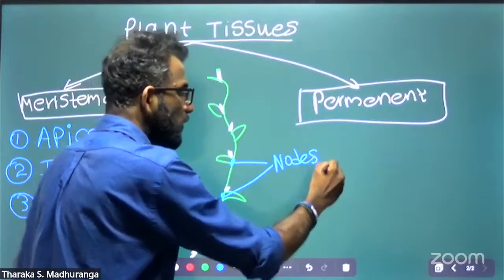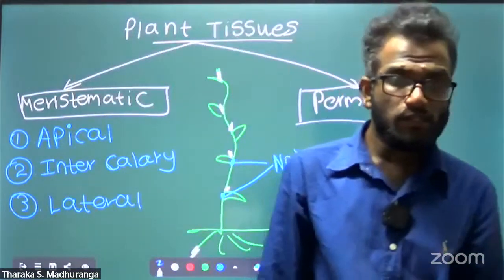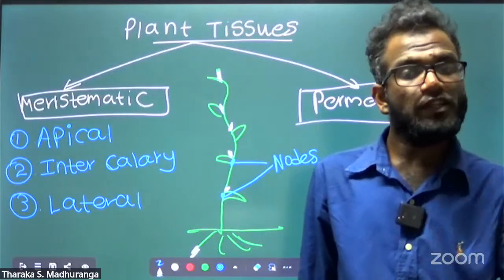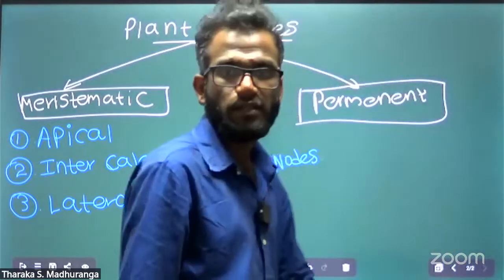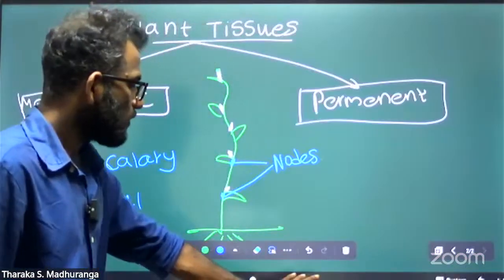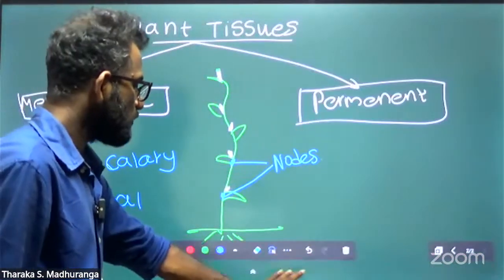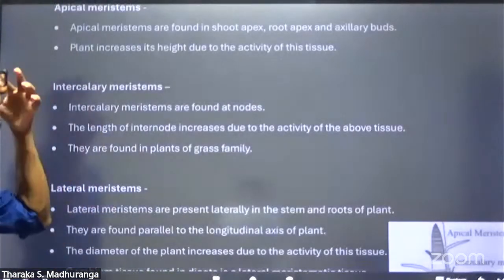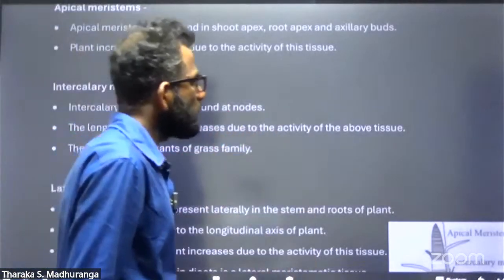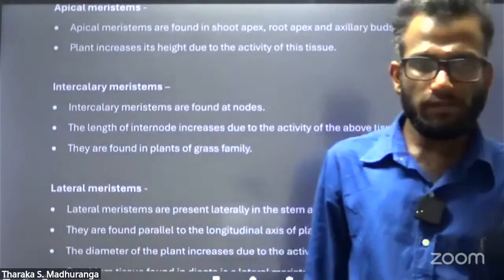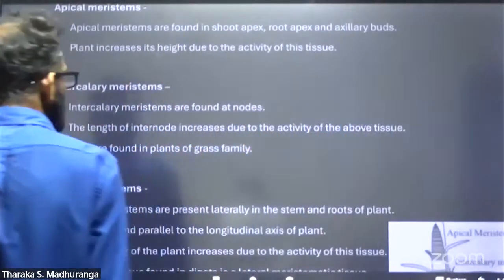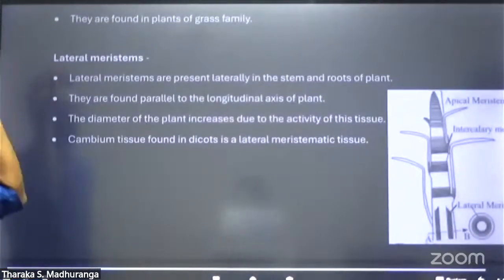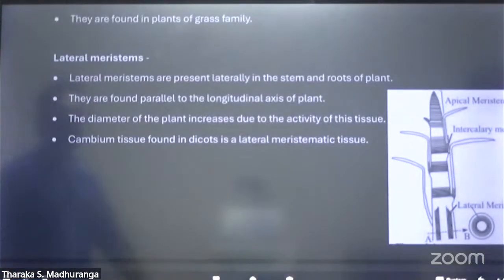Then what is the function of these intercalary meristems? The function is to increase the length between two nodes. The length of the internode increases due to the activity of intercalary meristems. They are found in plants of the grass family. Grasses contain intercalary meristems.